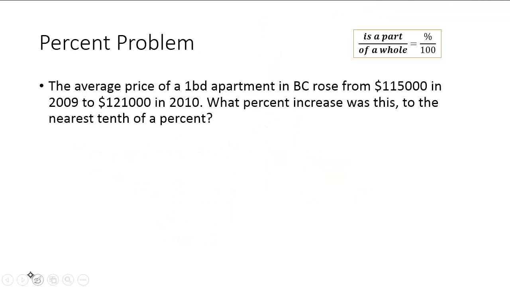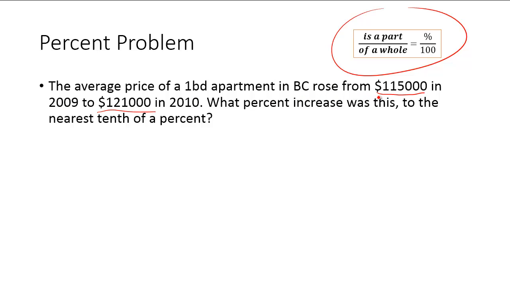Another problem would be to do with percents. So remember, you can use this proportion relating the percentage to a part of and out of the whole in the bottom. So here you have average price of a one-bedroom apartment in BC rose from this much to this much over a year.